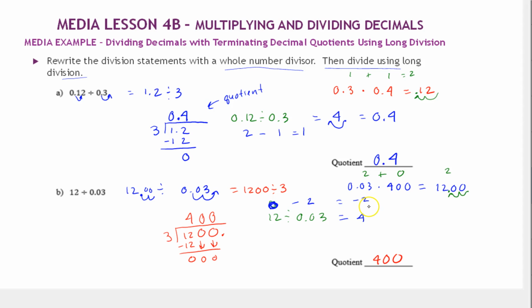Now I know that sounds weird, but then look at 4 and look at 400 and think about what -2 may mean. Okay, so that means we need to move it to the right 2 places. When we had the positive results, we moved it to the left. So move this to the right 2 places and we get 400.